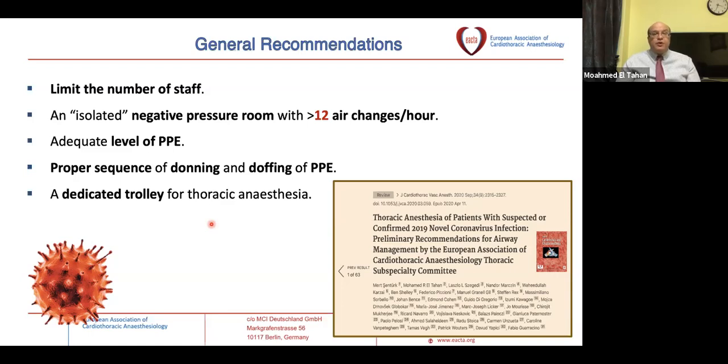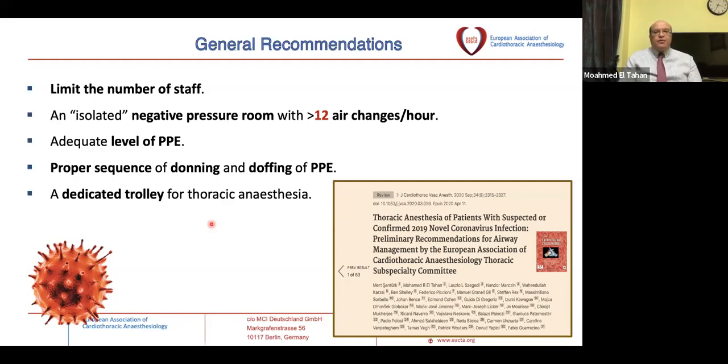If possible, use an isolated negative pressure room with more than 12 air exchanges per hour. If this is not feasible, consider other solutions like a higher level of personal protective equipment, PPE, or a positive pressure room, but try to keep the pressure lower than in the other parts of the operating theaters, and keep the doors closed as much as possible.